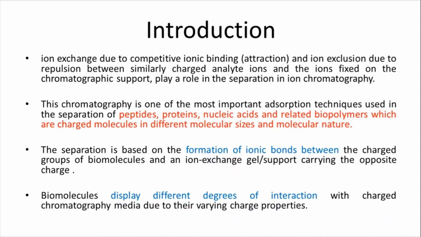Because the A molecule has a huge number of anionic groups, the A molecule is made up of corresponding groups like carboxylic group, sulfhydryl group, and phosphate group, or whatever it is. Both are anionic, A and B, but A is more anionic than B. So the binding is gradient in nature, an electronic gradient.